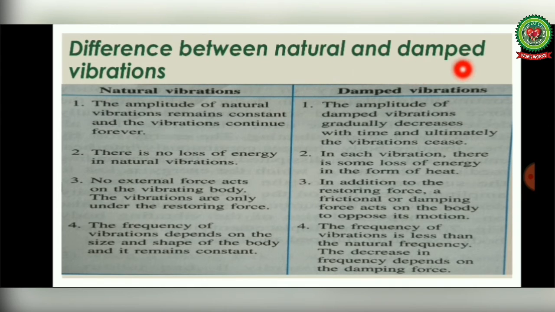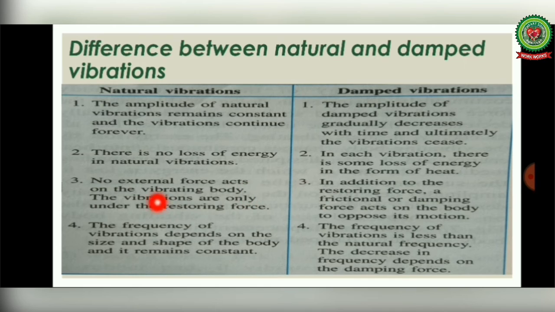Difference between natural and damped vibrations. The amplitude of natural vibrations remains constant and the vibrations continue forever, whereas the amplitude of damped vibrations gradually decreases. There is no loss of energy in natural vibrations. In damped vibrations, there is always some loss of energy.